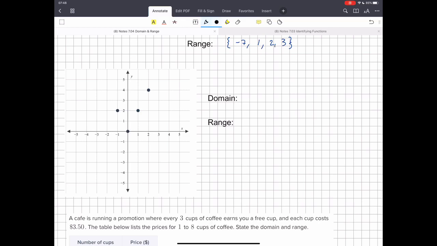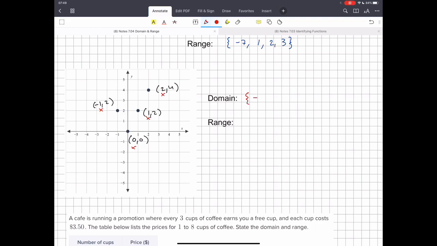So what I like to do is mark down the coordinates for each point. So the first point on the left is at (-1, 2). My second point is at (0, 0). Then I have a point here at (1, 2), and another one at (2, 4). And now that I have them listed, I can go ahead and identify my domain.